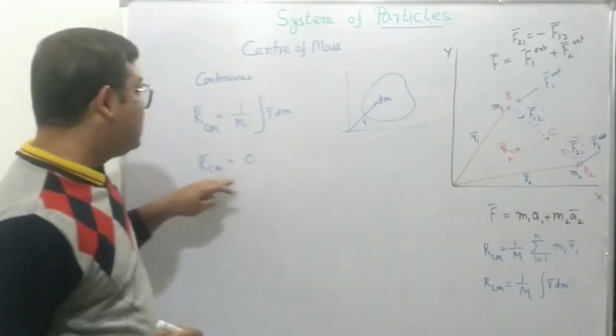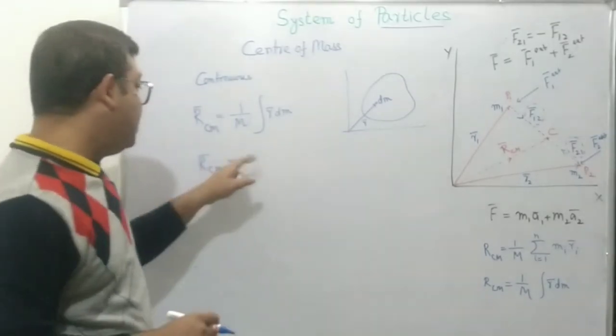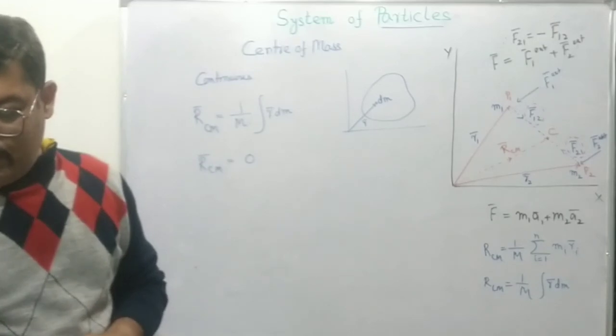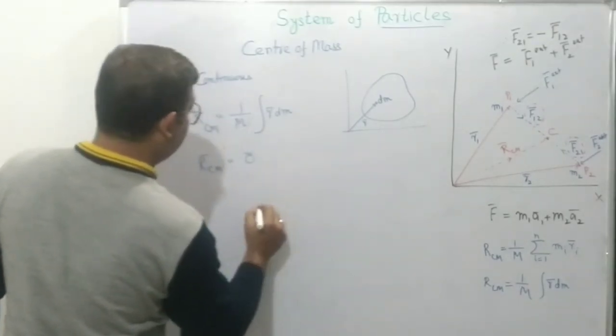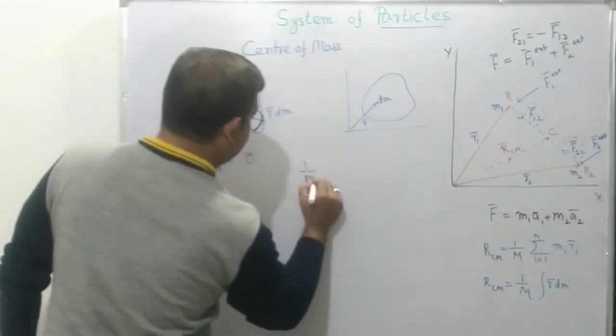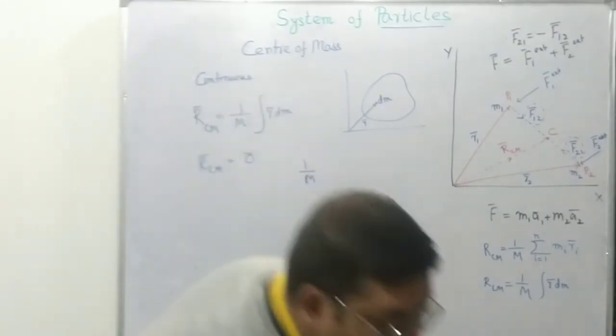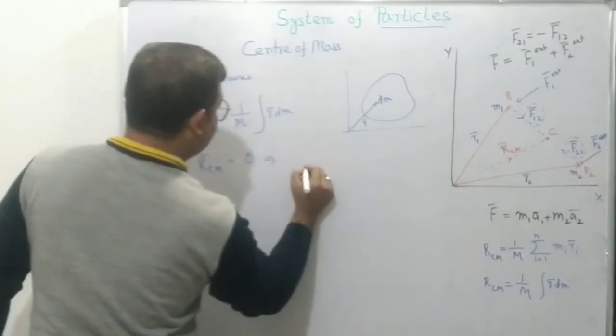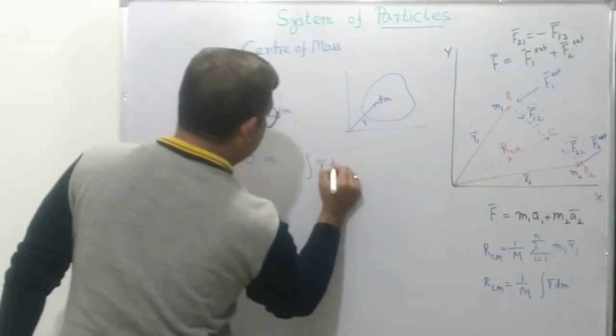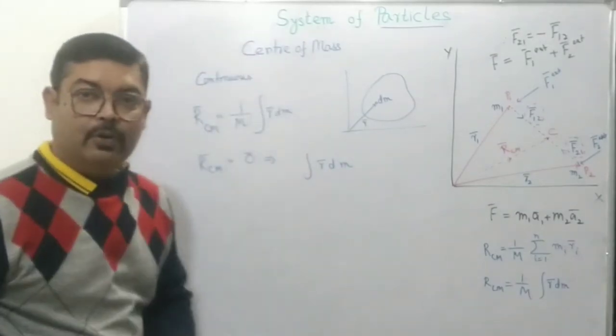So if the center of mass turns out to be at the origin, then R_CM will be a 0 vector. So which means 1 by m cannot be 0. So from this equation we get integration r dm will be 0.